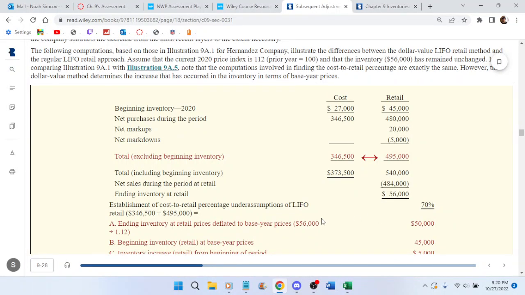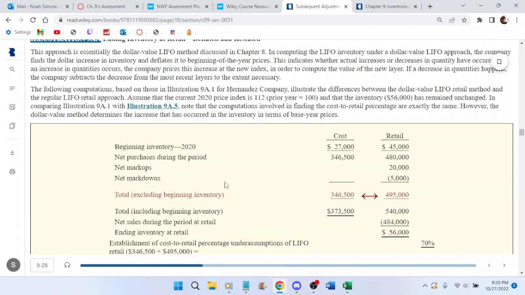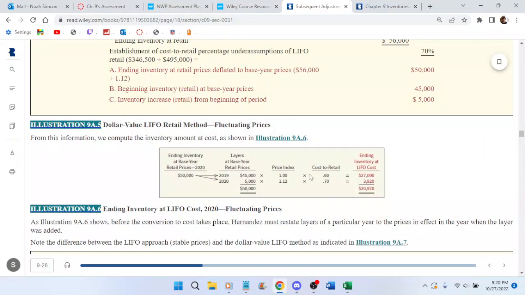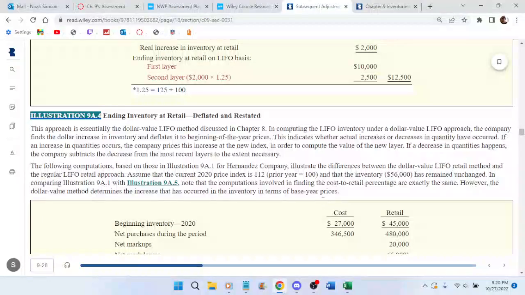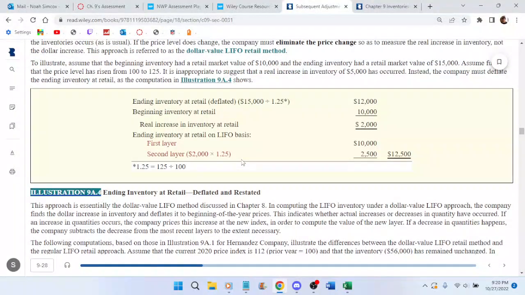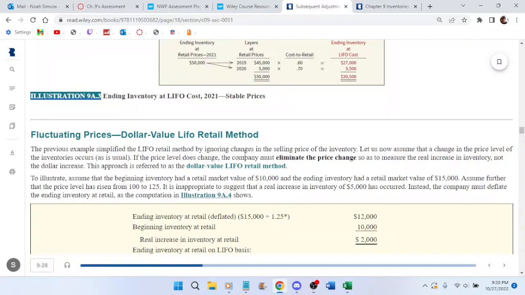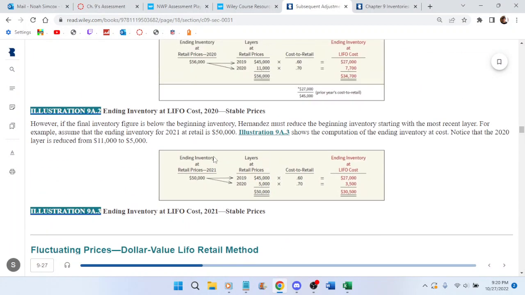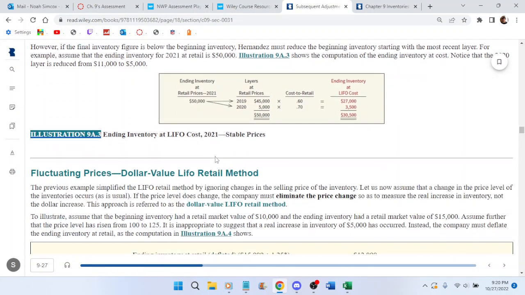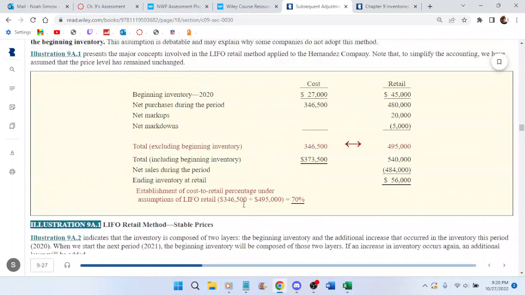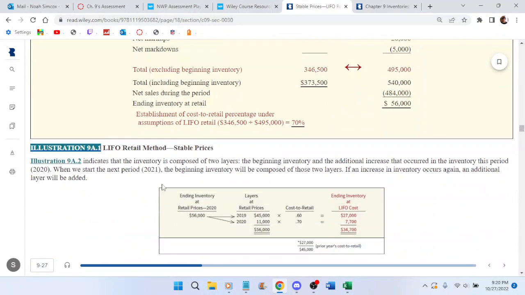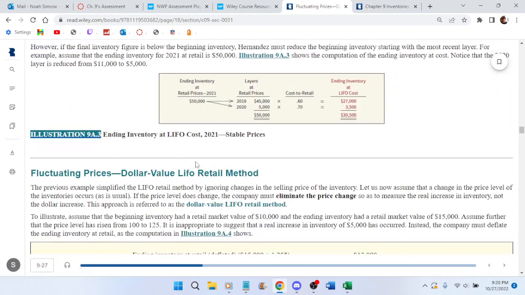Where'd you get 0.6? They have literally 0.60. Where is it?